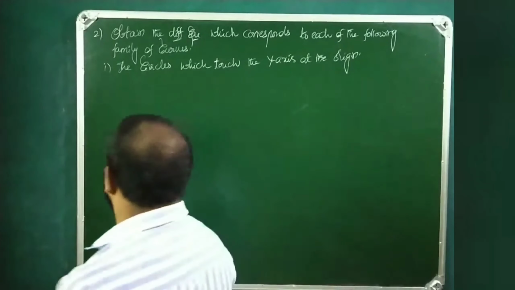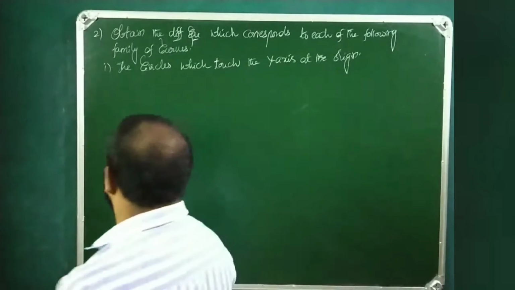Now I will come to the point. See, this is my origin here, this is S, and the parabola could be like this also. Still the focus is at the origin only, and the axis is along the x-axis.